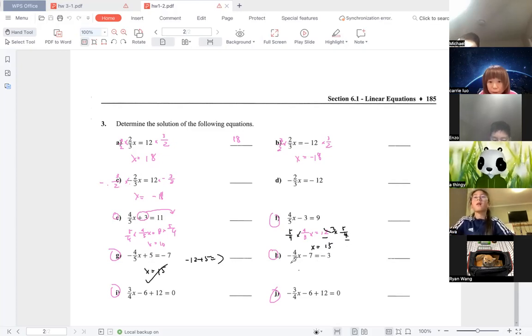Okay, now let's take a look at this one. Negative 4 over 5 x, so you have negative 3 there, right? You move the negative 7 over there, so it will be positive 7, right? So negative 4 over 5 x equals negative 3 plus 7 equals what?